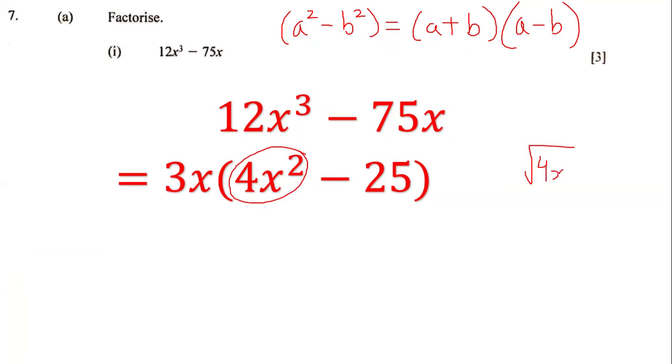Well, what's the square root of 4? The square root of 4 is 2, because 2 times 2 is 4. What's the square root of x squared? Well, the square root of x squared is x.